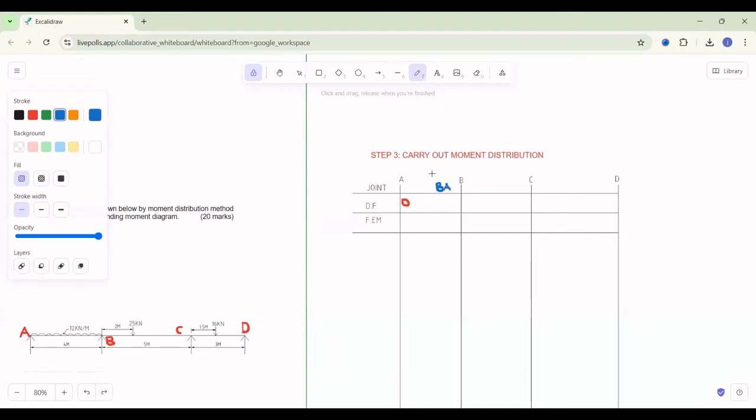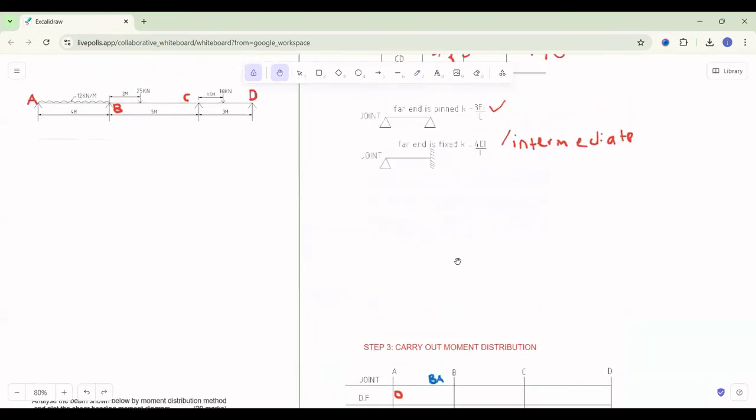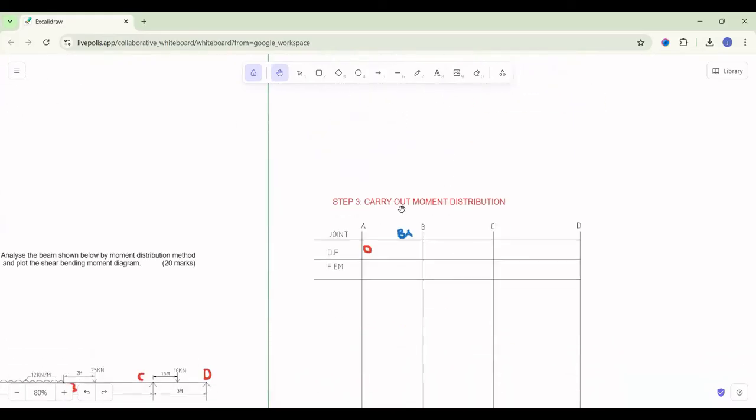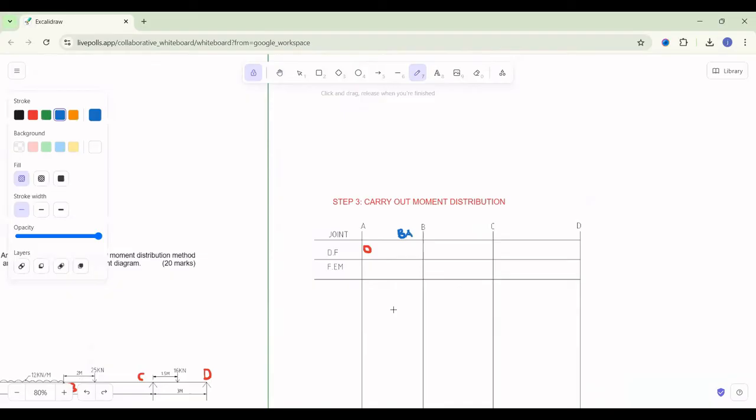You already calculated the distribution factor here. For BA it is 15 over 31. So this will be 15 all over 31, and this will be 2 all over 31.